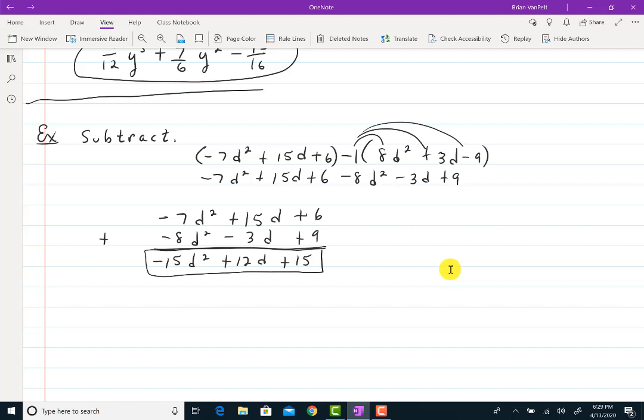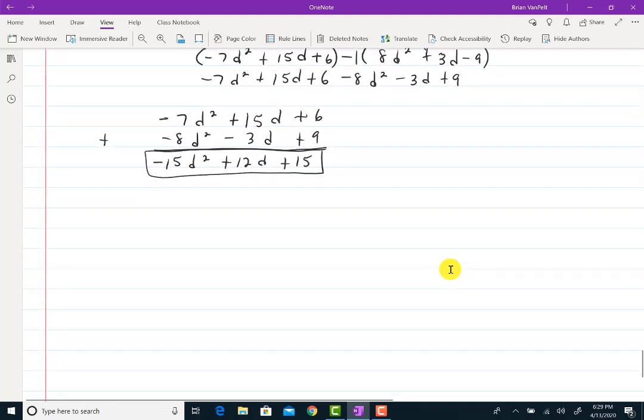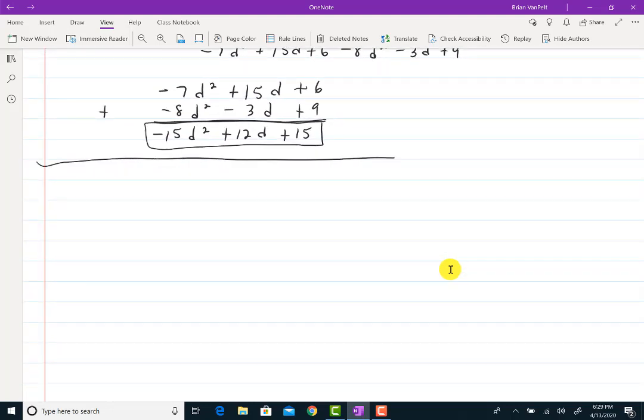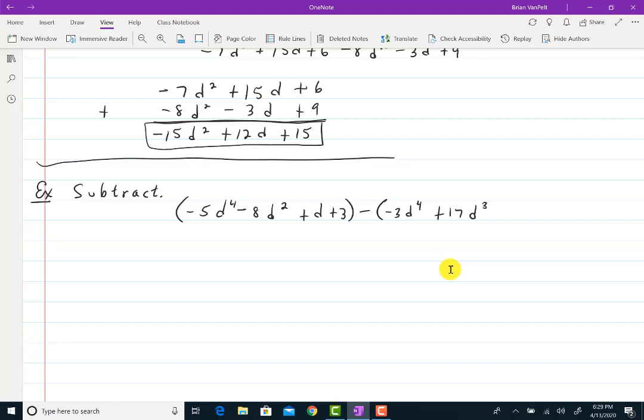So now let's focus a little bit on subtracting. The same instruction each time, subtract. And this time we have negative 5d to the fourth minus 8d squared plus d plus 3 minus negative 3d to the fourth plus 17d cubed minus 6d squared minus 20.